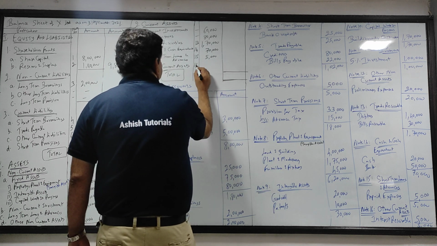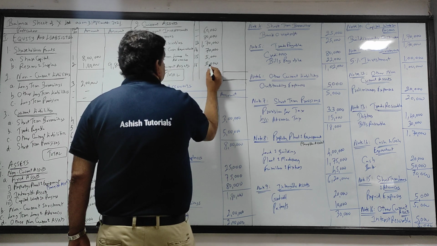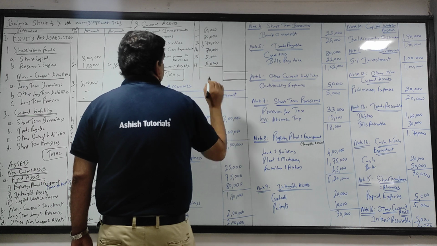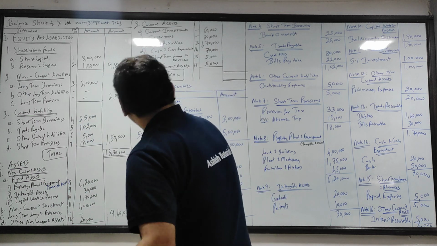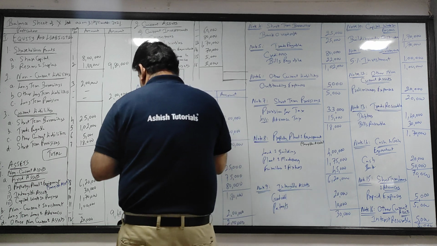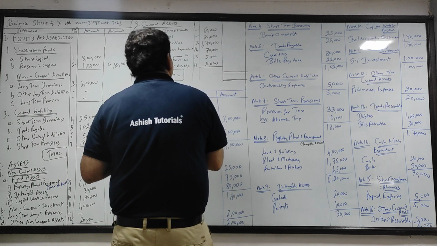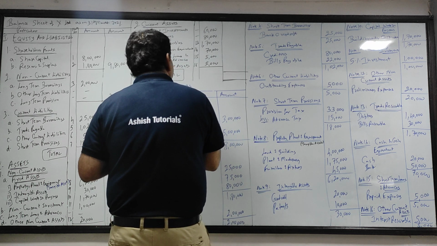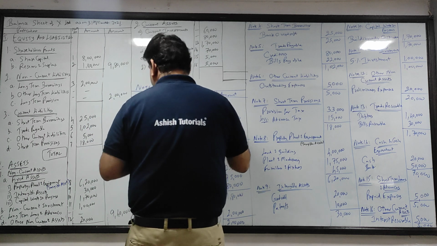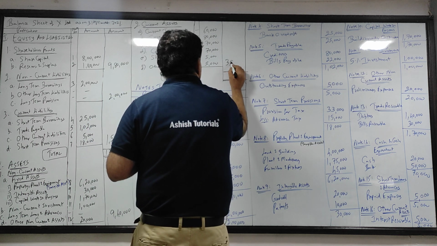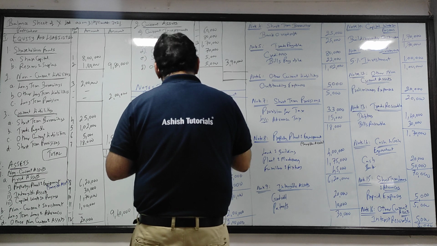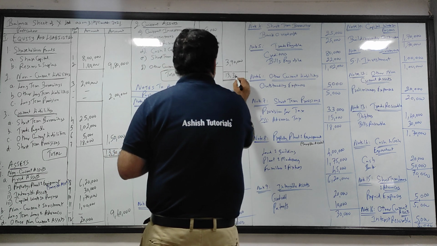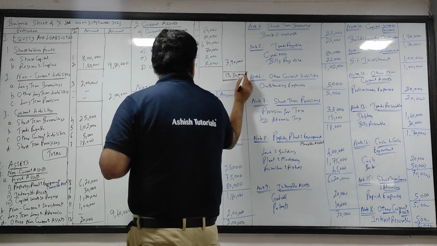Other current assets 16, that is 5,000. Okay, take the total. 60, 80, 170, 70 and 10. 390 plus 940, 13,30,000.